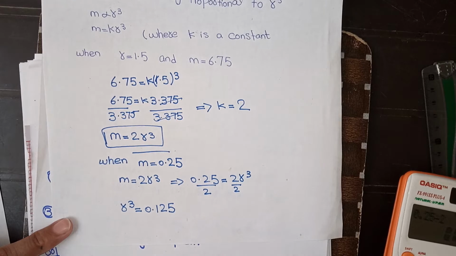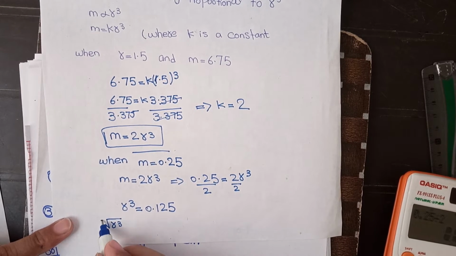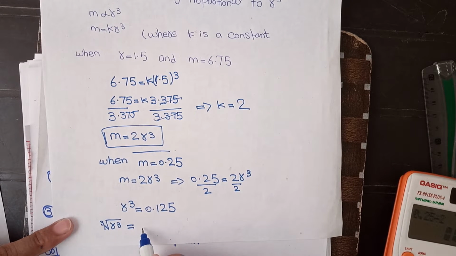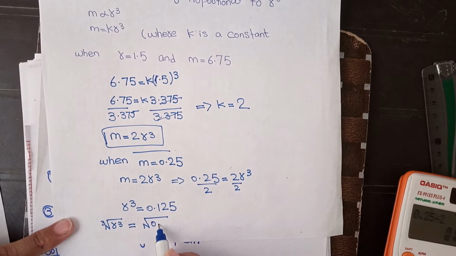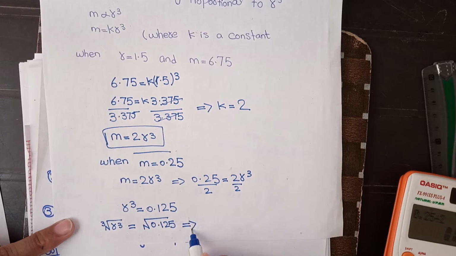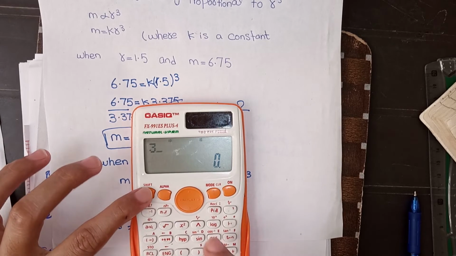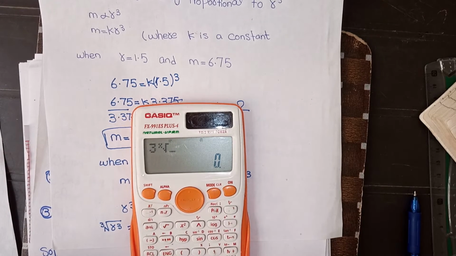But we need to find the value of r. That's why we are taking the cube root on both sides. On the calculator, press 3, shift, cube root, 0.125, it will be 0.5.